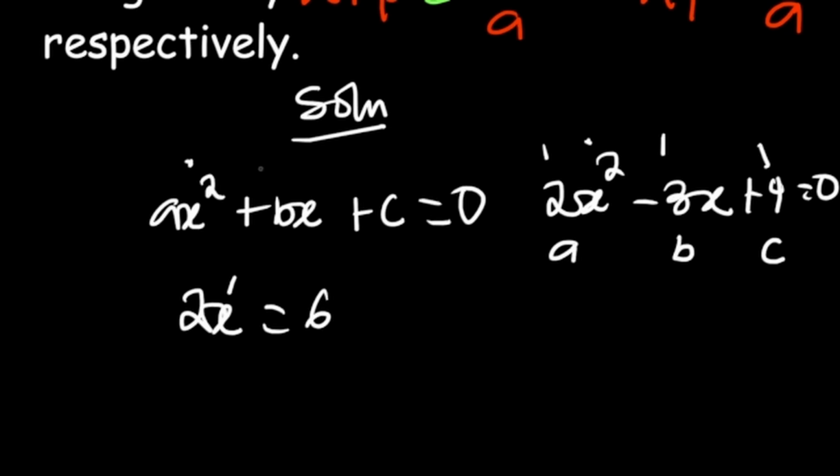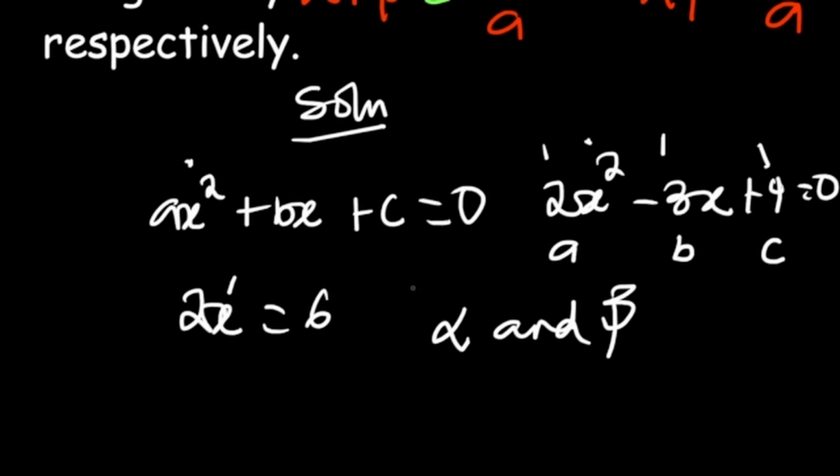Okay, now those solutions that we are going to arrive at, we don't know what they are, but we can call them alpha and beta, right? So we can say the roots are the answers that make this equation true. When you solve this equation, you are going to arrive at two answers or two solutions.